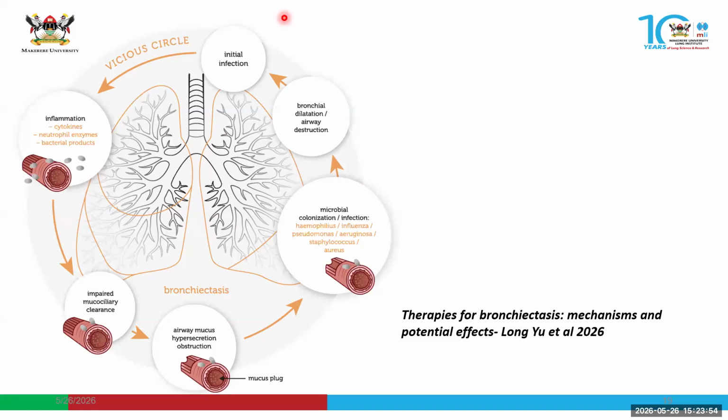And in bronchiectasis, one of the major key areas of focus is the vicious cycle that, from all over the world, all efforts are being made to interrupt as a way of focusing on treatment, right from preventing the initial infection, which will lead to the chronic inflammation affecting the mucociliary clearance, leading to mucus hypersecretion, leading us to routine or increased risk of colonization, which then goes ahead to give us the airway dilatation.